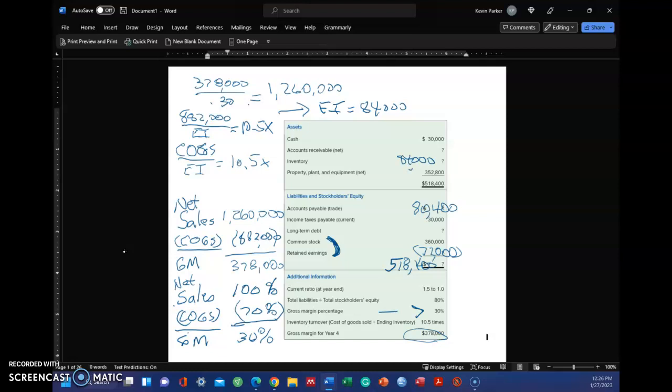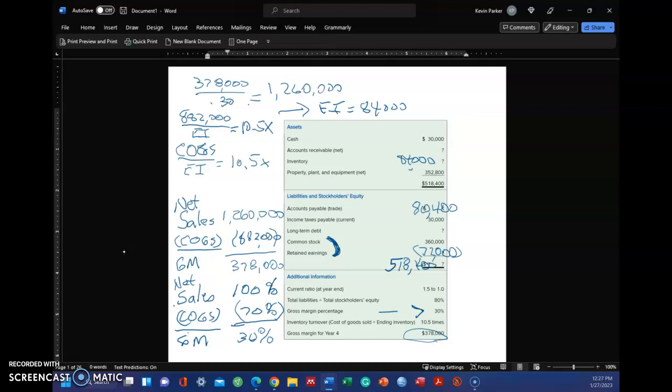All right, I'll let you guys do the little bit of algebra there that's needed to calculate ending inventory. And that's how that works. And so you can see how interrelated the ratios are with the financial statements. And so this kind of problem is maybe not so much applying the knowledge about how to use the ratios as much as showing how everything's related.